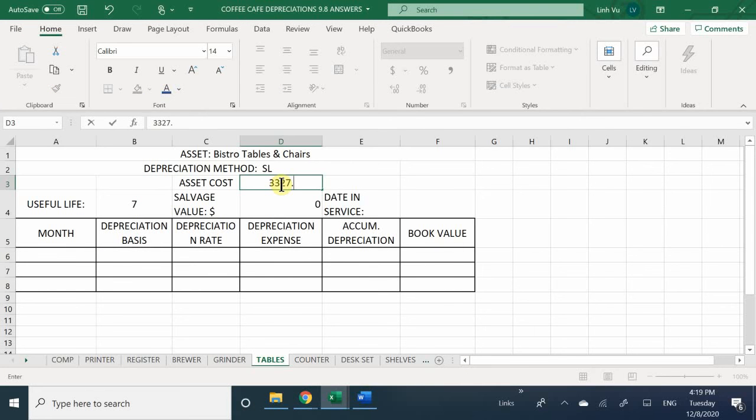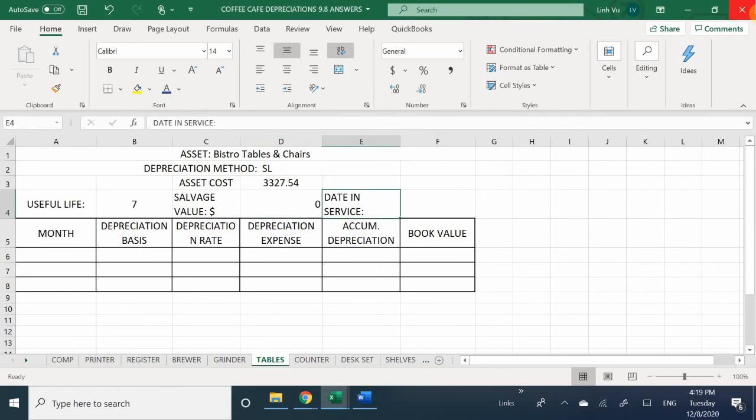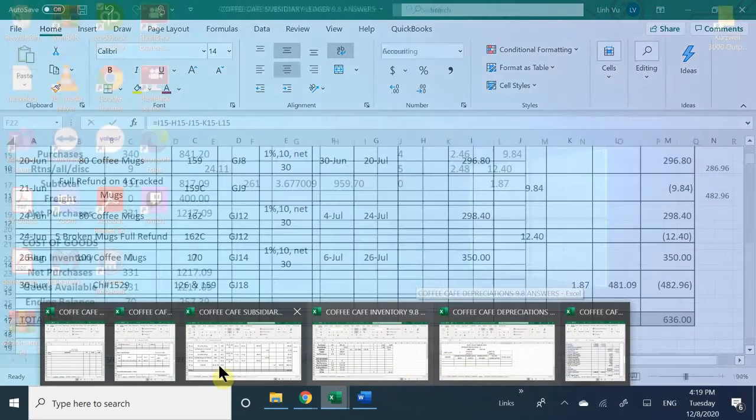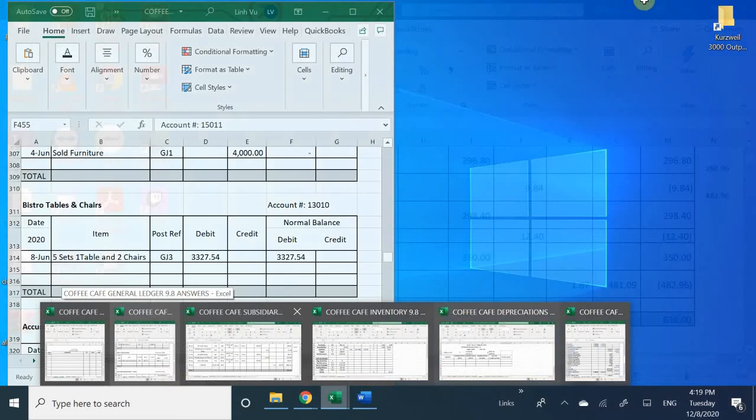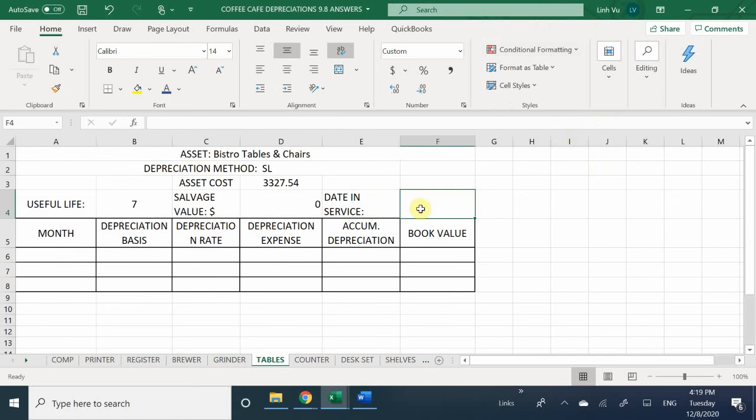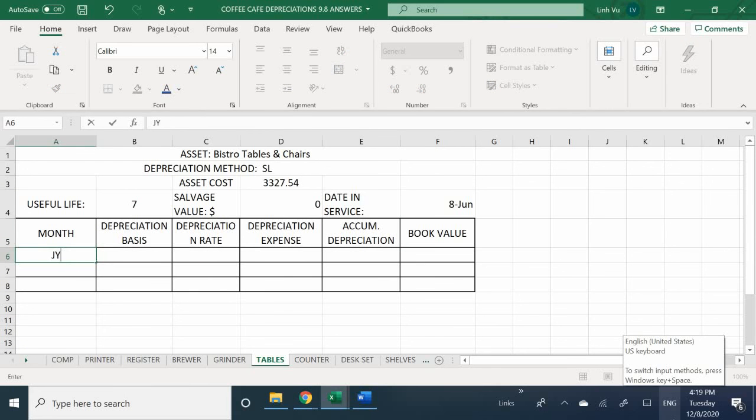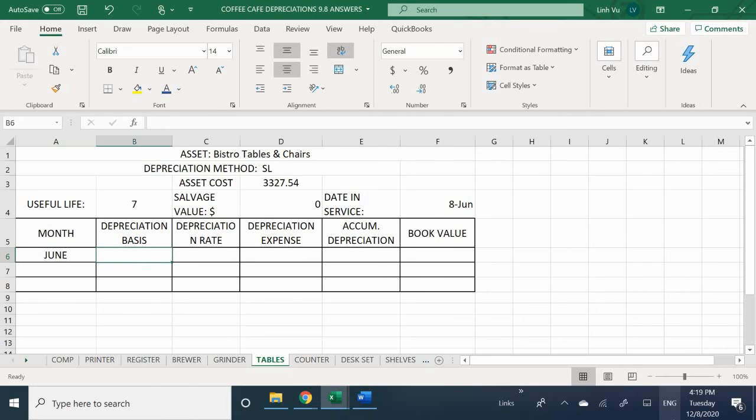And when did I place this into service? June 8th. Tables are pretty straightforward. You set them up, how hard can it be to place them into service? The minute you sit on the chair is the minute it depreciates. All right, so depreciation basis is going to be?